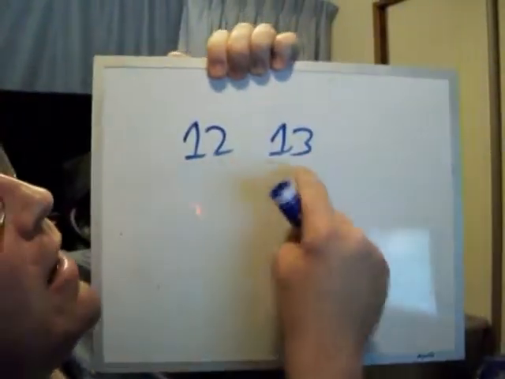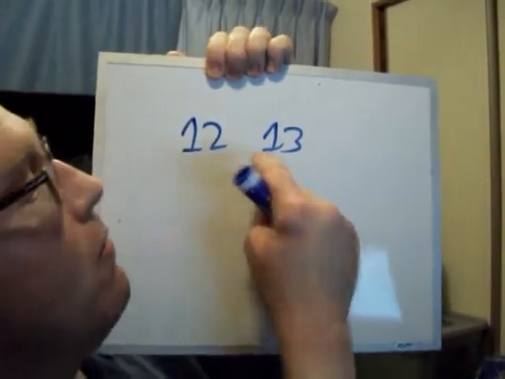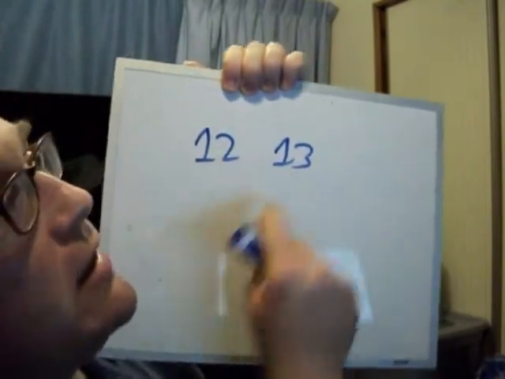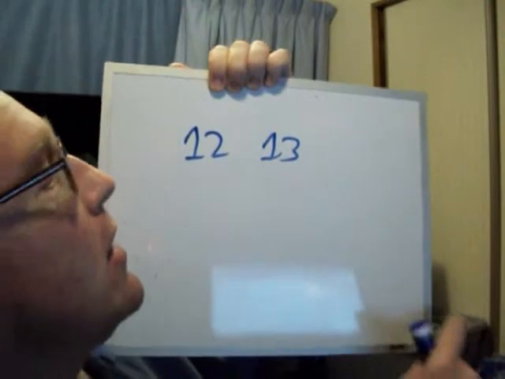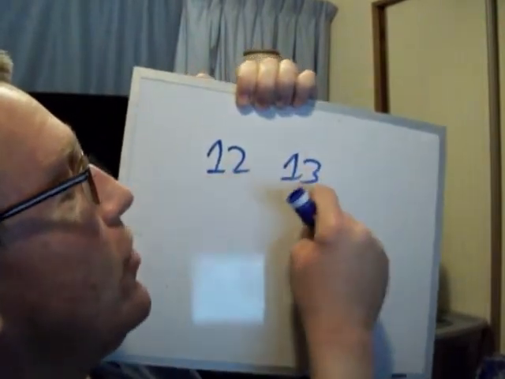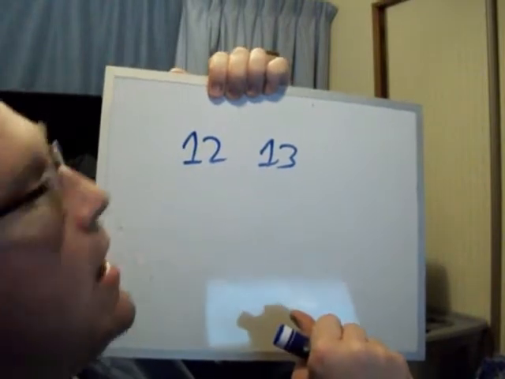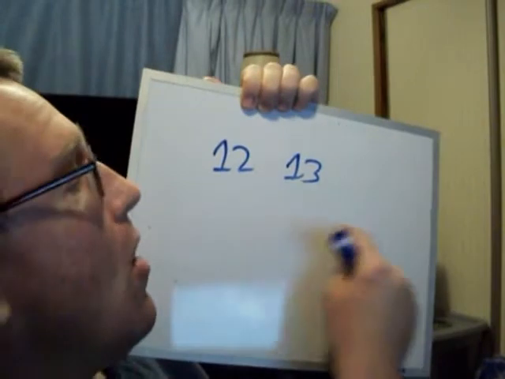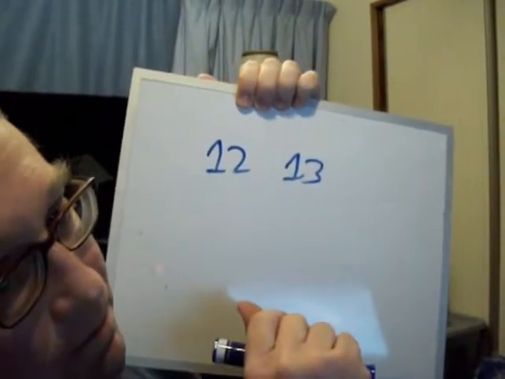Okay, so let's suppose we have the number 12 and the number 13. Now, 13 is a prime number, but 12 is not. But are these 2 numbers relatively prime to each other? Absolutely, because there is no other number that's going to divide both 12 and 13 other than 1. Okay? Yes, there's plenty of numbers that will divide 12, but there are no other numbers that will divide 13 other than 1.